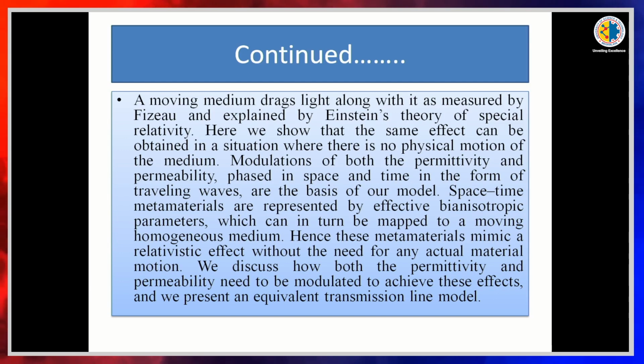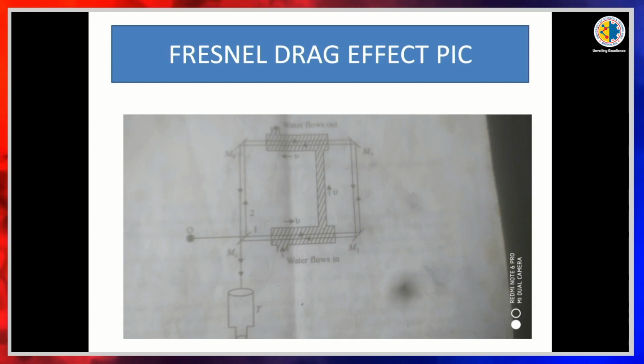Hence, these metamaterials mimic a relativistic effect without the need for any actual material motion. We discuss how both the permittivity and permeability need to be modulated to achieve these effects, and we present an equivalent transmission line model. So, this is the brief history of the Fresnel drag effect.